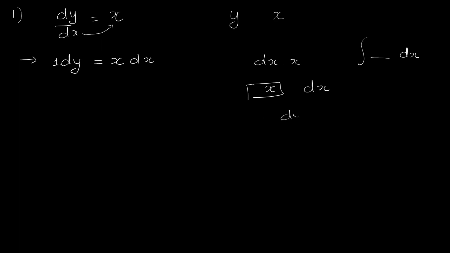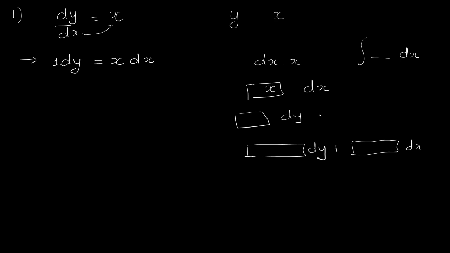Similarly, if you are writing about dy, all the terms should be first and then there should be the dy term. If in the same equation you want to write something, write it like this: dy plus whatever it is but dx. So don't combine everything together, but this dx should always be at the end. It should be the tail of whatever you are writing.